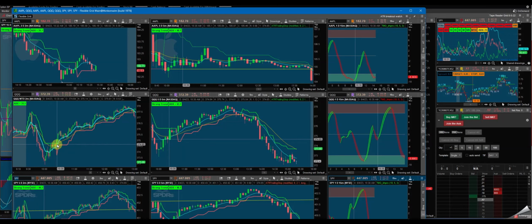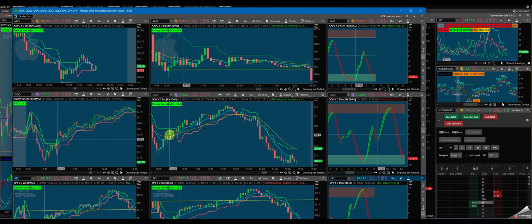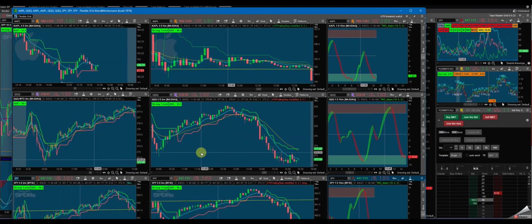So the 2-minute chart closed above the green. You have to wait for the close. It closes above at 10:30 a.m. 10:30 a.m. on the 5-minute chart is right here. So now all we have to do is wait for the 5-minute to show us the same thing. That would mean the 2 and the 5 per ATR are saying a big shift in momentum is coming.